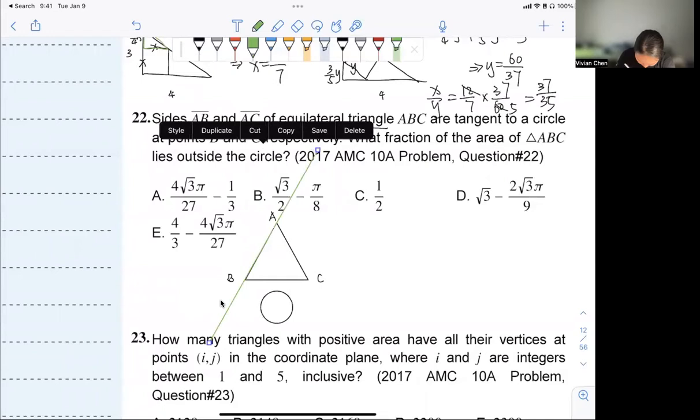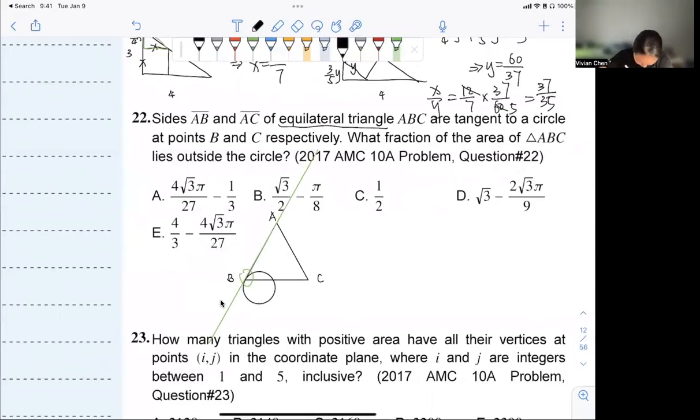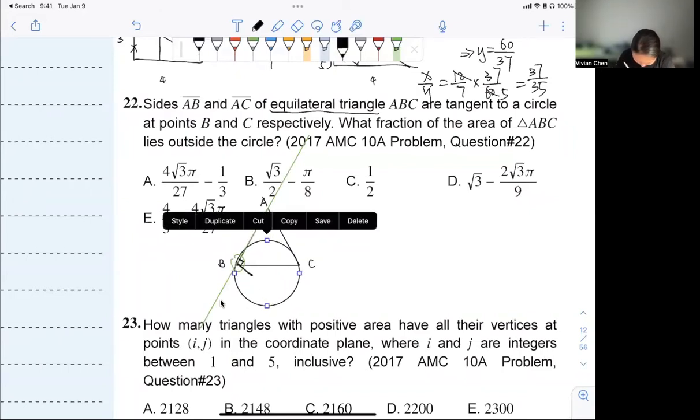at this point. So the circle needs to be here, and we know that the circle is tangent to this line here, so that this radius here needs to be perpendicular to the line AB. Okay, similarly, this is the same case with C. So this tells us that this triangle should probably be somewhere here.